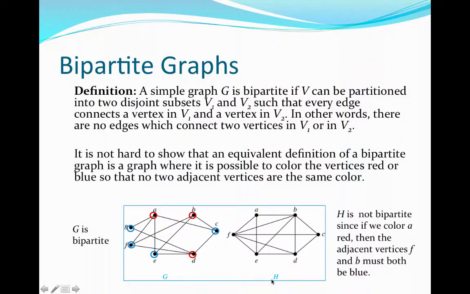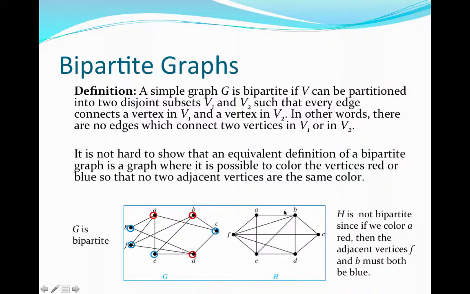Notice that graph H is not bipartite since, for example, if we were to color this vertex A red, then since it is connected by an edge to both vertex F and vertex B, that would mean that both F and B would have to be colored a different color or be in a different vertex set, because no 2 vertices in the same set or with the same color can have an edge between them.